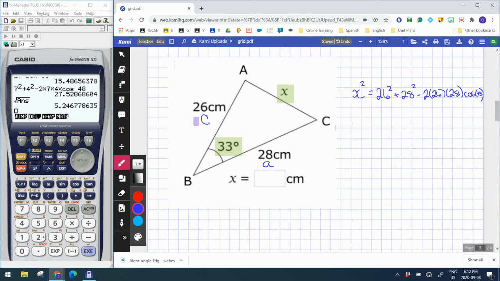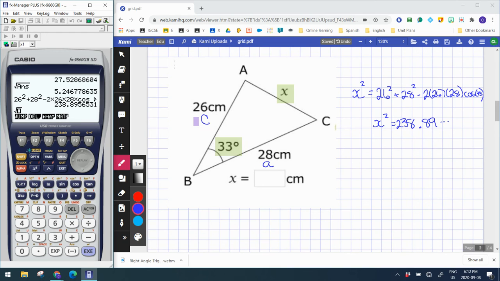So again, we put into our calculator 26 squared plus 28 squared minus 2 times 26 times 28 times cos 33, and enter. So we get that x squared is equal to 238.89 and change.